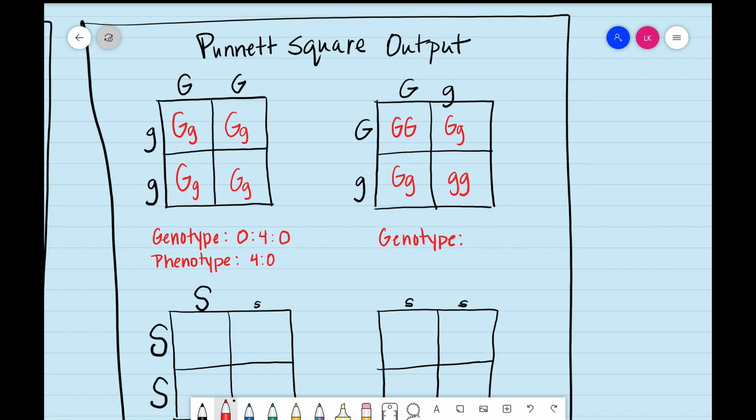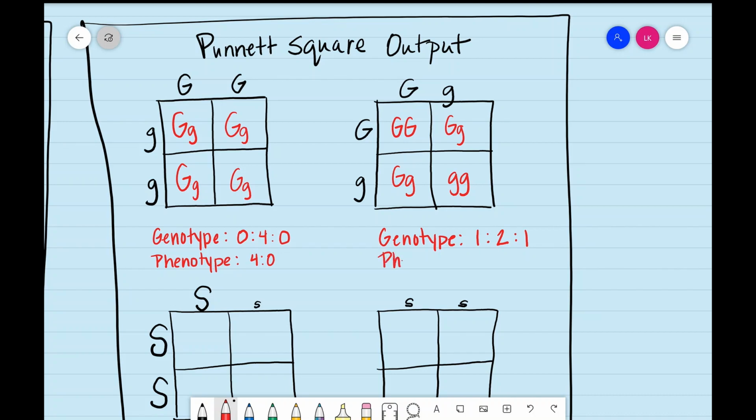There's one capital G. So it's homozygous, they're the same, homo means same, and it's dominant, it's capital. So there's one of those. Heterozygous, meaning different, there's 2, capital G, lowercase g's, and there's 1 homozygous recessive. So 2 of the same, but lowercase.